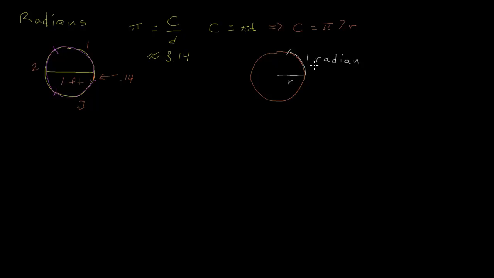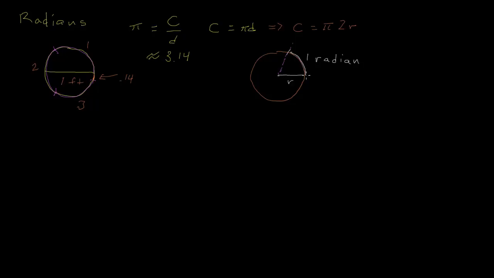A radian is a way of measuring an angle based on the circle itself, and so its definition is the angle subtended by this arc that is 1 radius long.